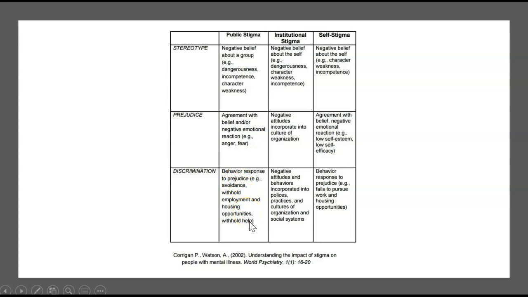So in the public stigma zone, you have people who respond to their own prejudicial attitudes by avoiding others, by withholding employment opportunities, by restricting housing, by restricting educational access, for example.